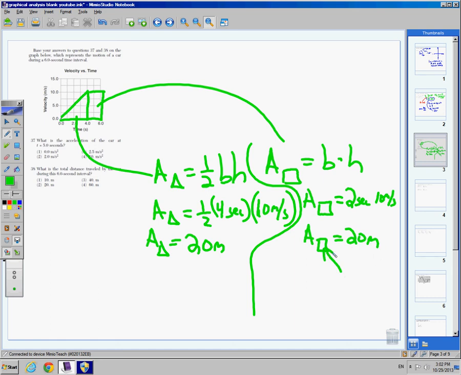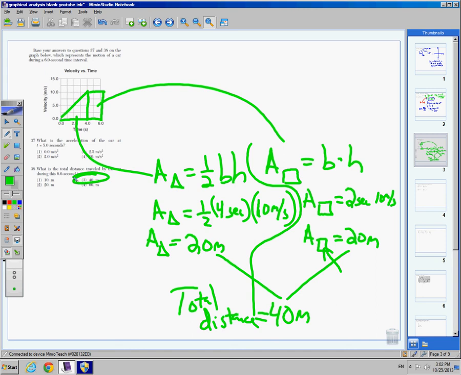And I have 20 meters. Well, now I must combine these two, the area of the triangle plus the area of the rectangle, to find that it is a total distance of 40 meters. And so I'm looking at my choices, and it looks like it's choice 3. That's 40 meters. All right, let's go to the next one.